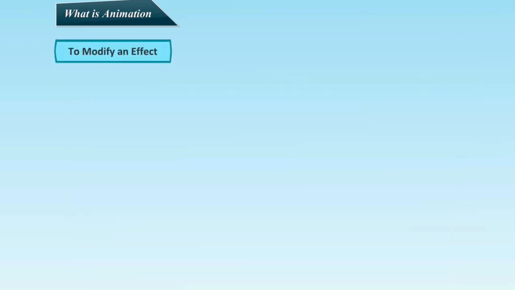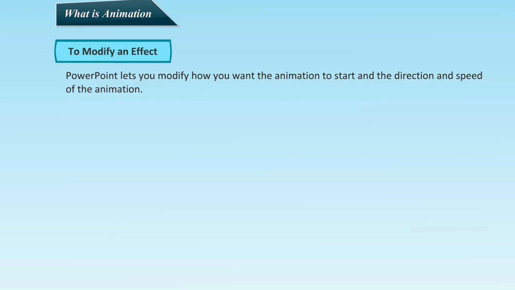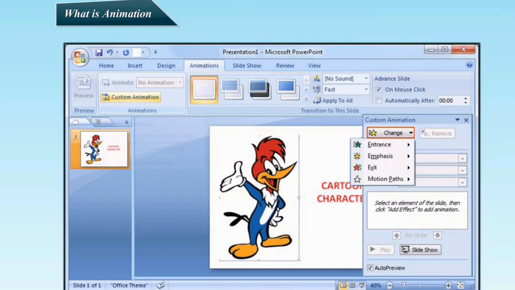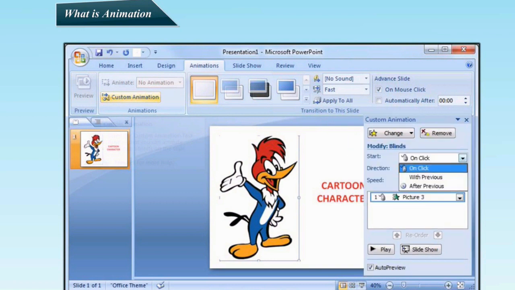To modify an effect, PowerPoint lets you modify how you want the animation to start and the direction and speed of the animation. Click the Change button. A drop-down menu shows four animation options. Change the animation effect from any of the menu. Click the down arrow from the start, and then you can select the start method, whatever you want.